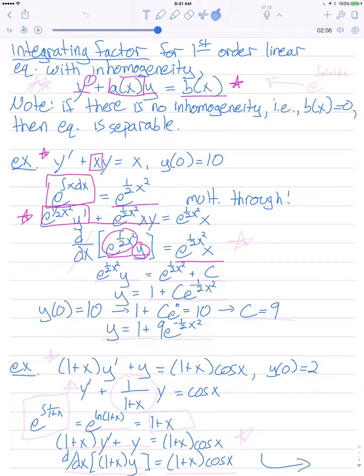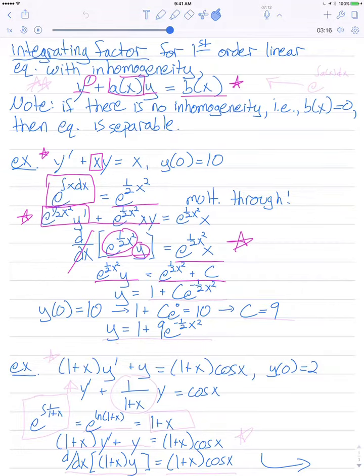Why did we do this? Well, this equation, you can now just anti-differentiate each side. On the left-hand side, it kills the d dx, so you get e to the 1/2 x squared y. On the right-hand side, we can anti-differentiate this term. We get e to the 1/2 x squared plus a constant. Then we just have to isolate y.